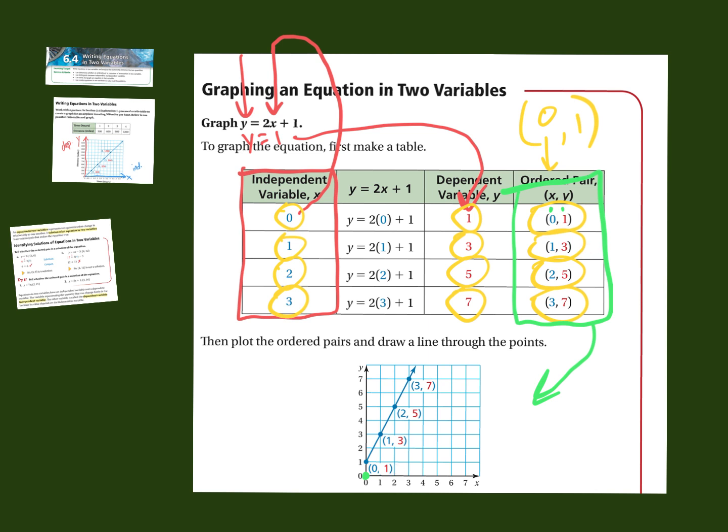For the second ordered pair, (1, 3), again, start at the origin. 1 tells me to go to the right 1, and then positive 3 tells me to go up 1, 2, 3, which is why you see the plotted point (1, 3) there. Okay, so all of these get plotted on the graph.